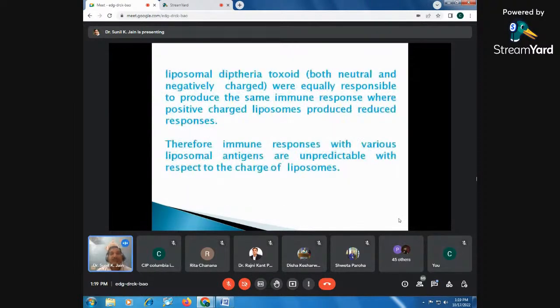Now, one example is liposomal diphtheria toxoid, and we can see how the charge over the surface will give the response. Both neutral and negatively charged liposomes are equally responsible for producing the same immune response. Positively charged liposomes produce a reduced response. So charge will play a very important role. We have to understand which charge is suitable for a better response.